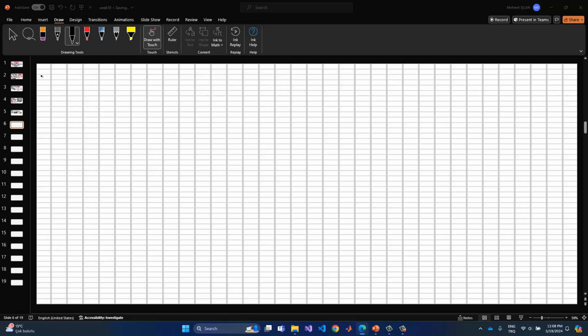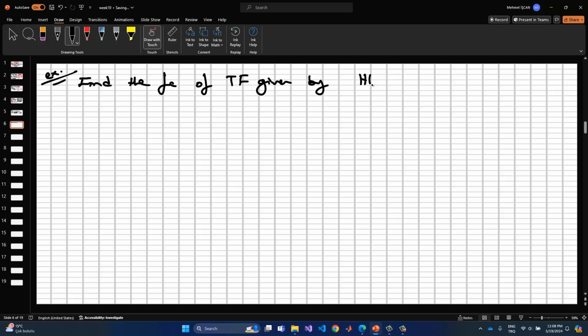The example. Find the cutoff frequency of the transfer function given by H(z) equals 0.5 divided by z minus 0.5... over z minus 1. This is our transfer function, or pulse transfer function. The solution can be summarized in these terms.